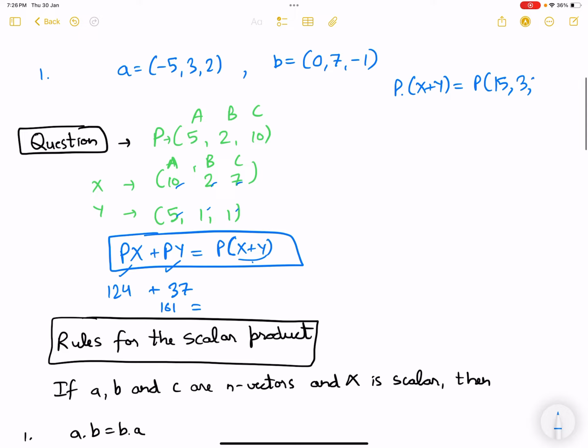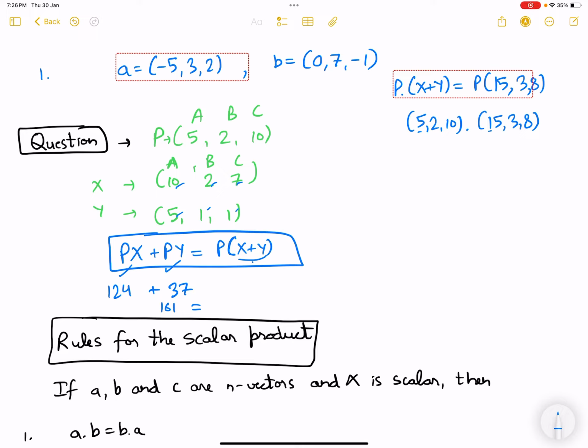And the price vector was 5, 2, 10. So this into 15, 3, 8. This becomes 5 into 15, 75, plus 2 into 3, 6, plus 80. So this is 81 plus 80, 161. So this is giving us the same result.